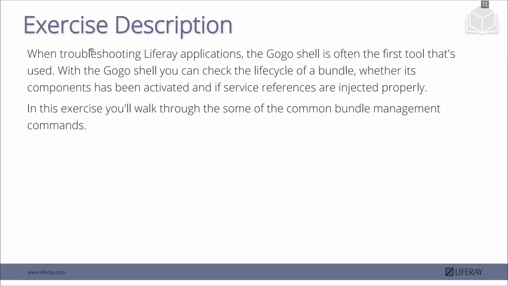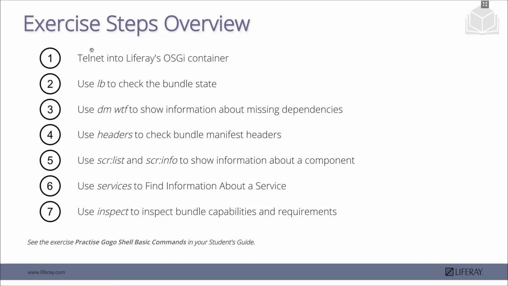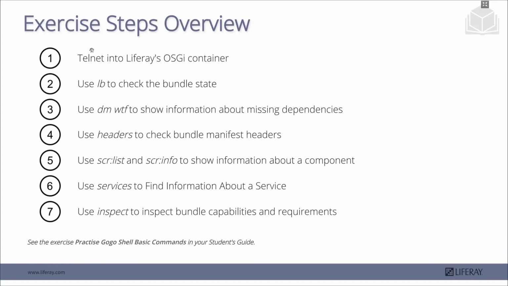So in our exercise, what we're going to do is first telnet into the Gogo shell, and from there kind of play with a couple different commands. We'll type lb to take a look at the bundle's lifecycle state. We'll use dmwtf to see if there's any sort of missing dependencies. If we want to take a look at the headers of a specific bundle, and maybe we don't have the source code, we can use the headers command.